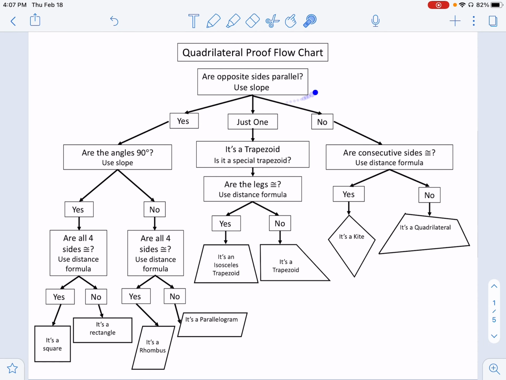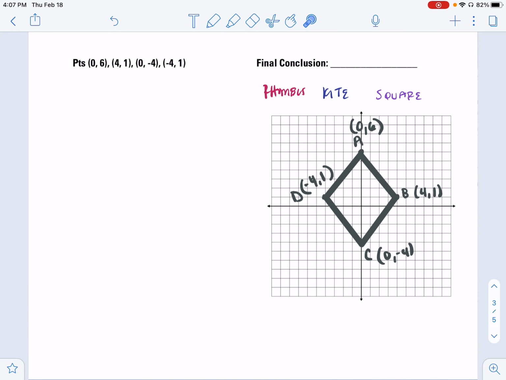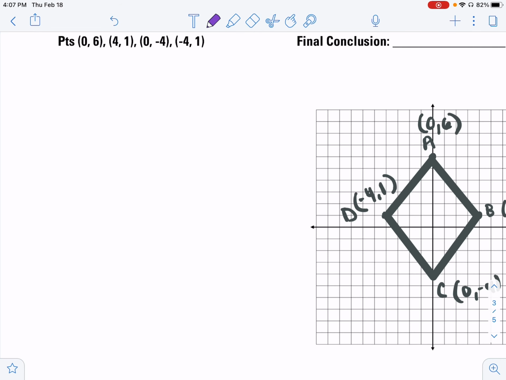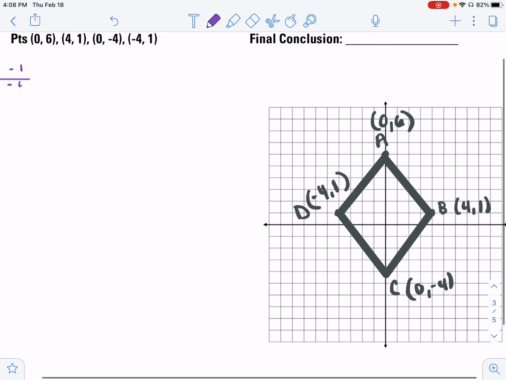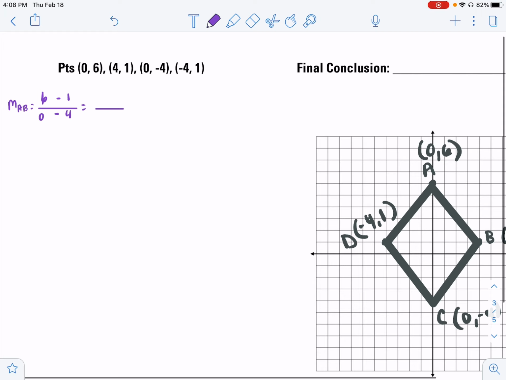determine, are the opposite sides parallel? So the very first thing I have to do is find the slopes of all of my sides. So I'm going to start with AB. 6 minus 1 is 5, and -4 there.